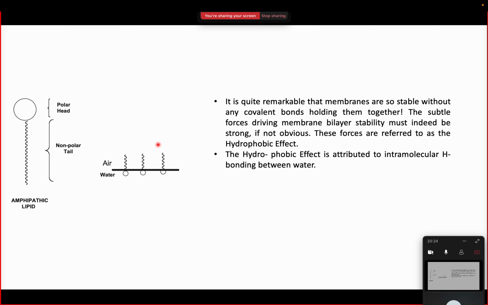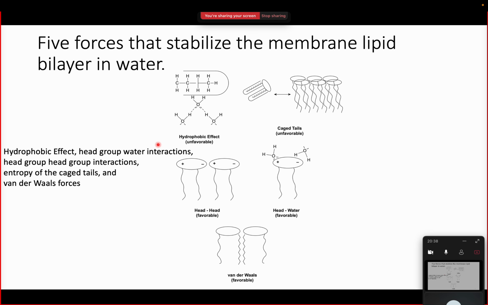This interaction energy, or this tendency of molecules to stay away from the water and stay together, is called the hydrophobic effect. So we have amphipathic molecules coming together because of the hydrophobic effect, and hence making a sheet-like structure. In this sheet-like structure, the major non-covalent interaction is provided by the hydrophobic effect.